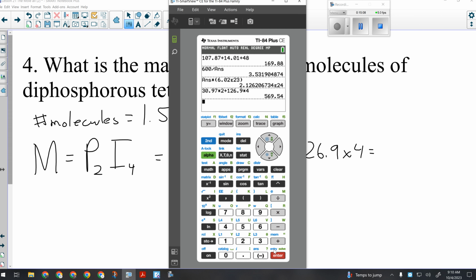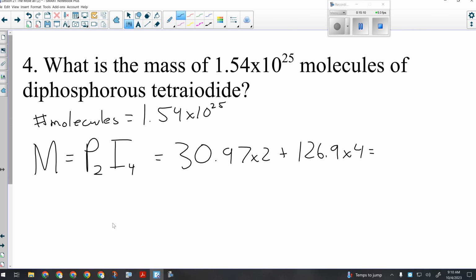That gives 569.54 grams per mole. The question wants to know what the mass is, so I'm looking for little m.